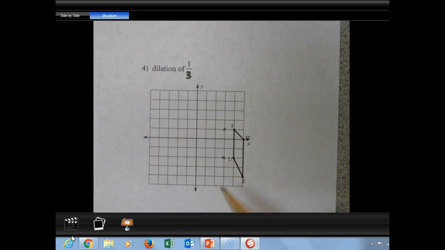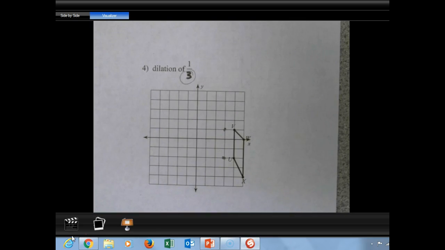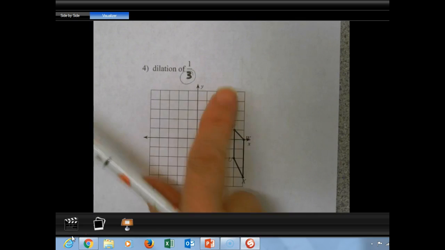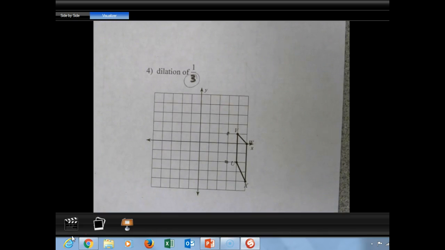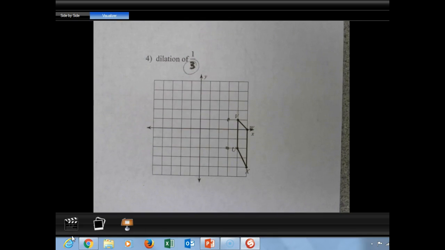You're just going to get a funky number, okay? Usually when you're dilating by a number, this 3 has to work out pretty much evenly with these numbers. So you're going to have some strange numbers. But that doesn't change the fact that you can still multiply by 1/3.